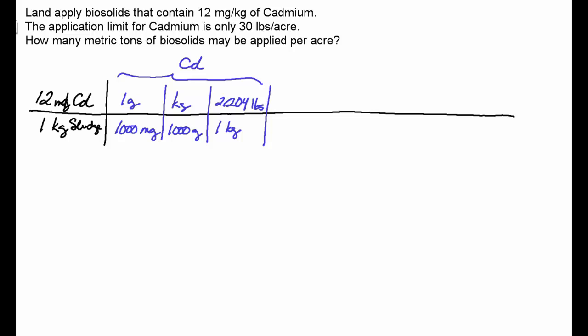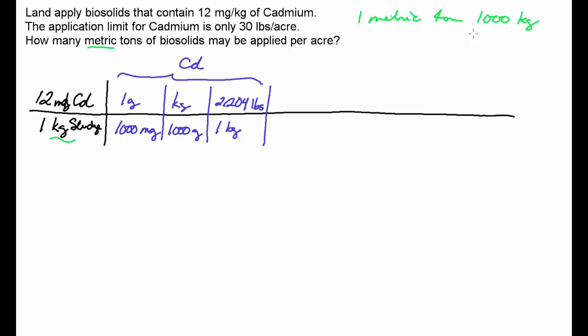Now we're going to turn kilograms of sludge into tons of sludge. And it's metric tons. So 1 metric ton is 1,000 kilograms.